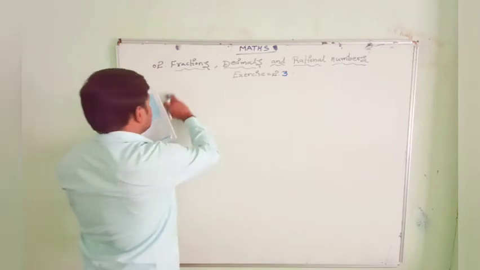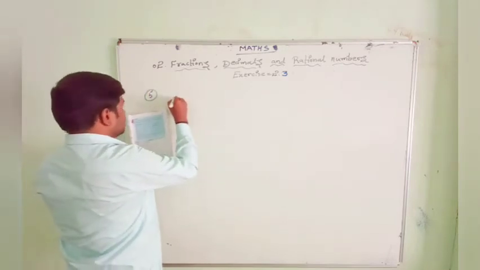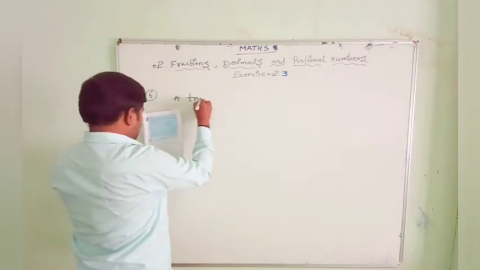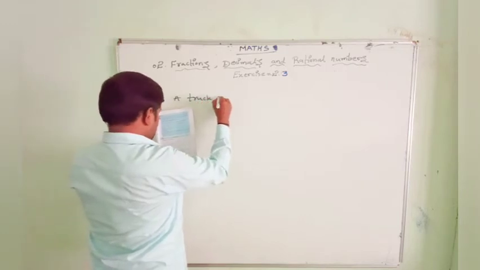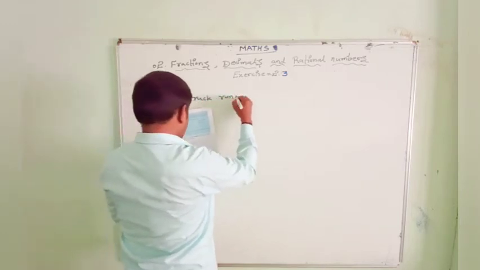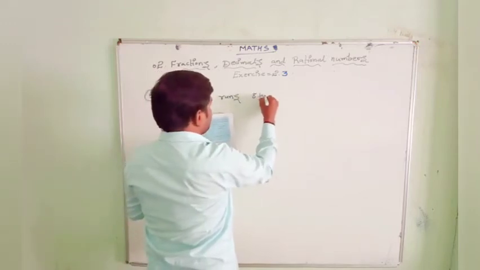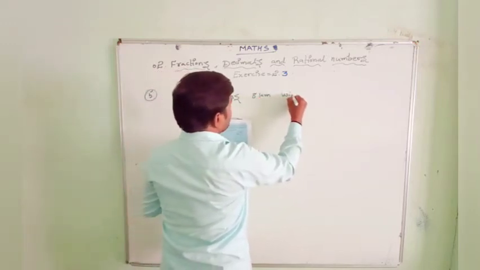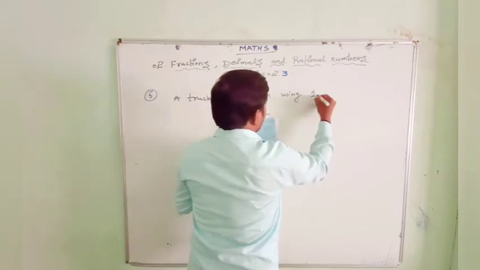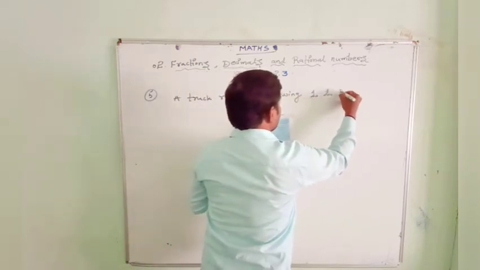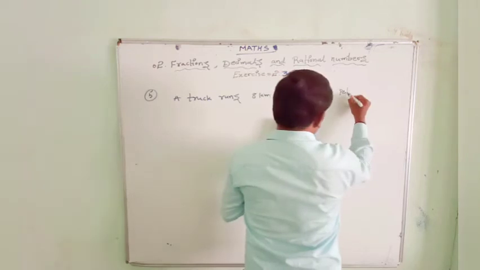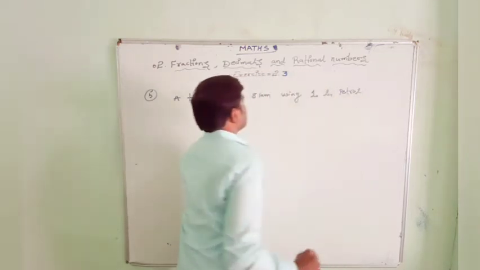See here, a truck runs 8 kilometers using 1 liter of petrol.